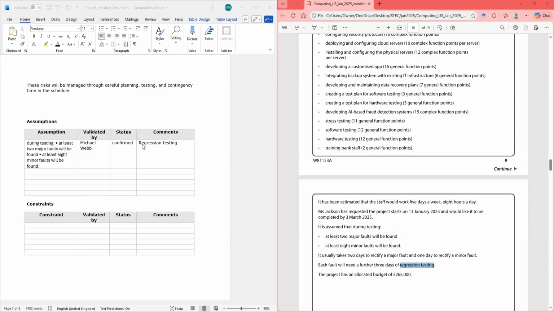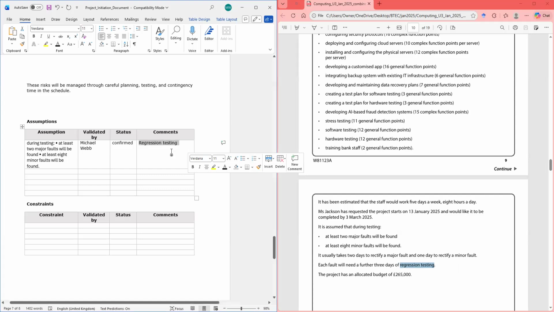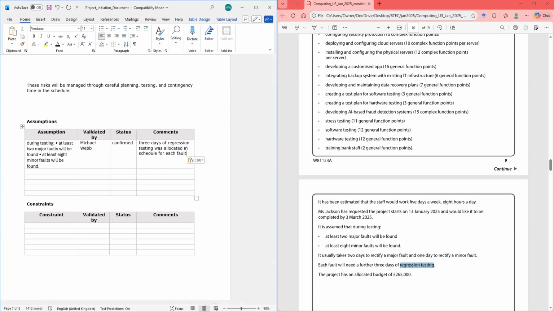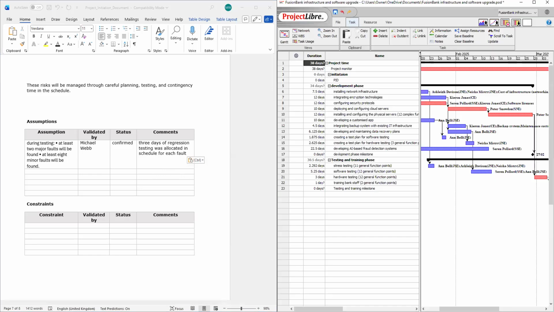So what we have done was, if we go over, it says 3 days of regression testing was allocated in the schedule for each fault. So we did that. And it's on our Gantt chart too, where we did regression testing.